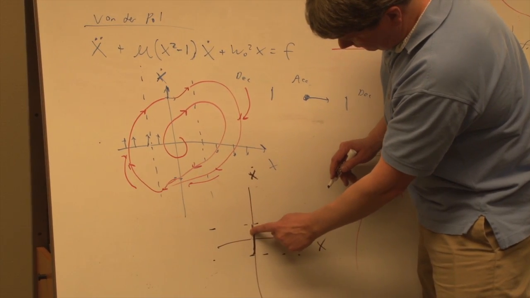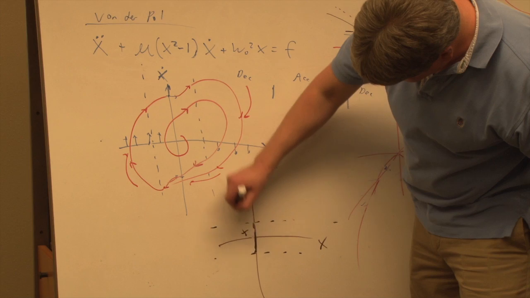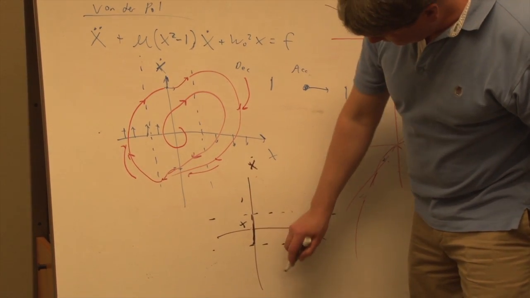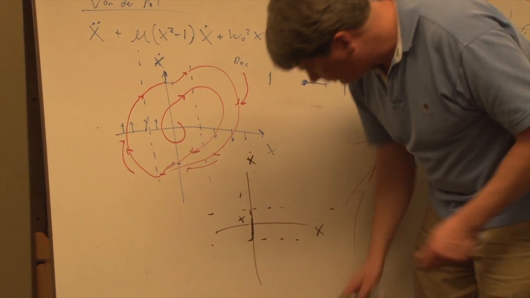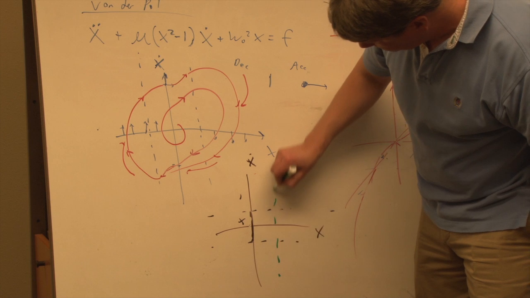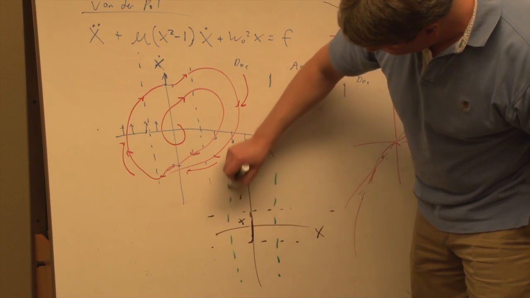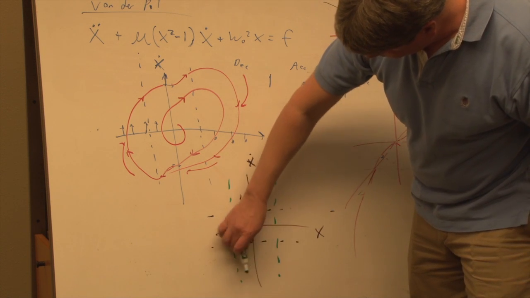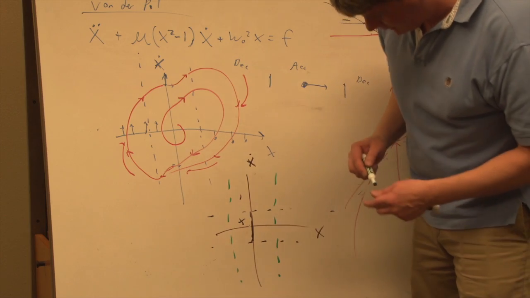So that's kind of what your Duffing oscillator does: positive work in there, negative here. The Van der Pol oscillator looks at x to see if it's going to do positive work between here and negative work outside.